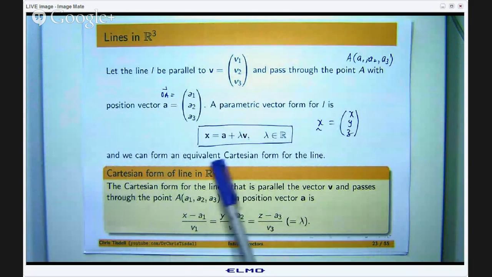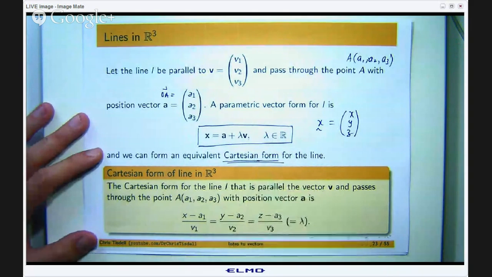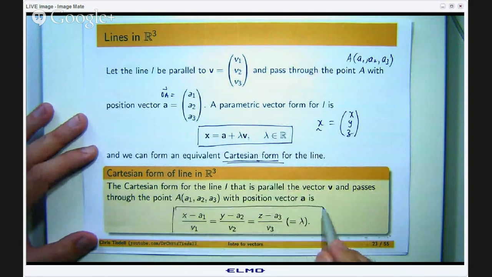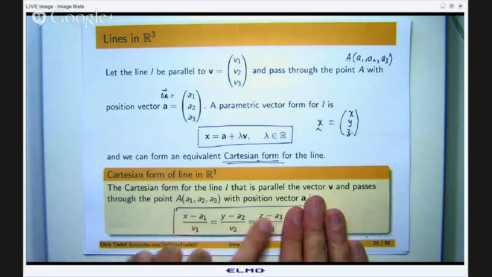Now, we can also form an equivalent Cartesian form for the line in the following way. The Cartesian form for the line L that's parallel to the vector v and passes through the point big A with position vector little a is just this here.